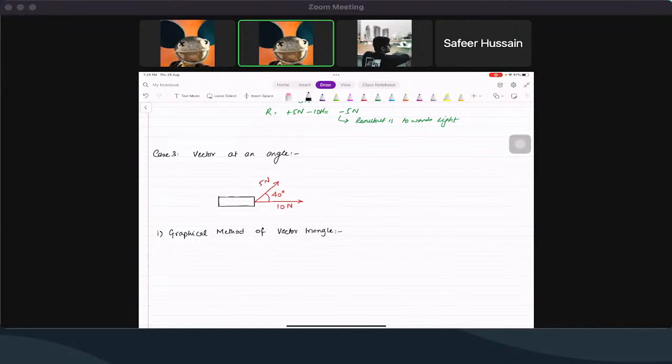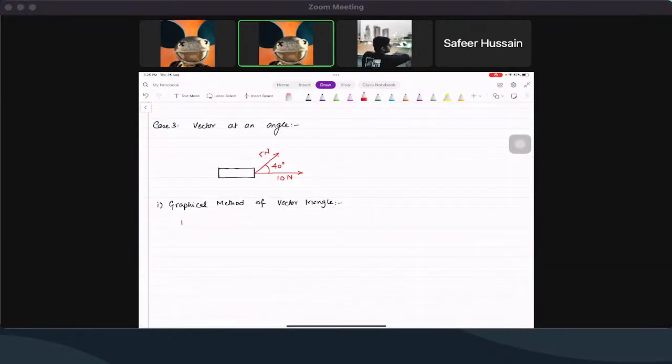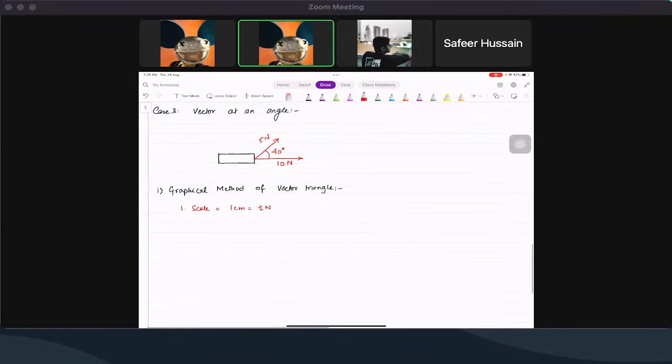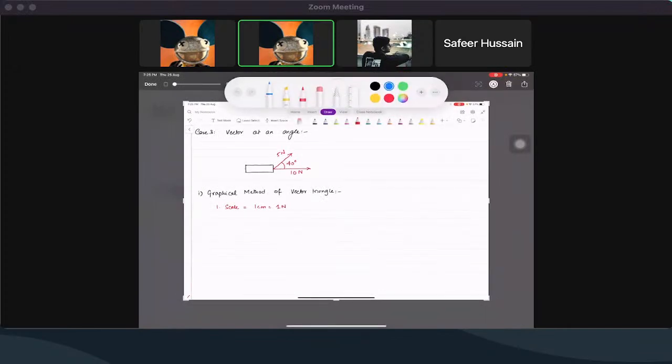Okay, so for the graphical method of vector triangle, the first step is always you take a scale. Right now, because these are small ones, I can just take 1 centimeter equals to 1 Newton. Then, using a ruler, you can pick any vector of your choice.